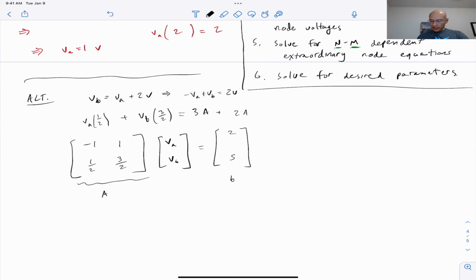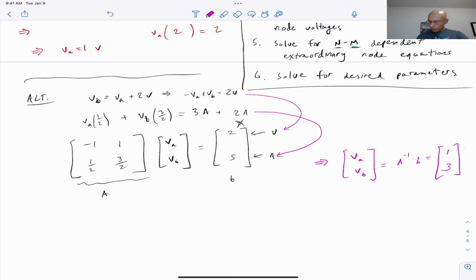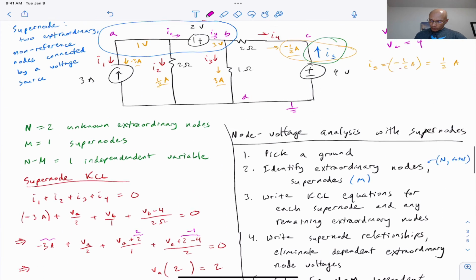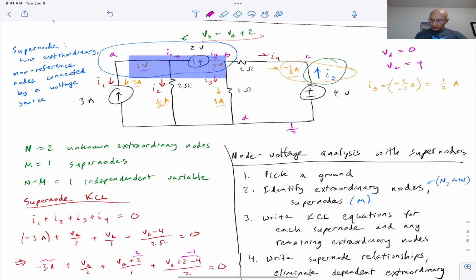I can't really call this like an I, for example, because this has units of volts and this has units of amps. This came from here and this came from here. Nonetheless, I can still solve this as a matrix equation, and when I do that math, I'm going to get the same answer as before in units of volts. Now you can see that that's the exact same result as we got above, so we could be satisfied with this.